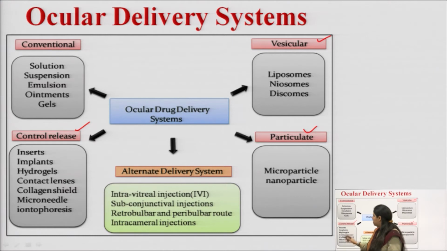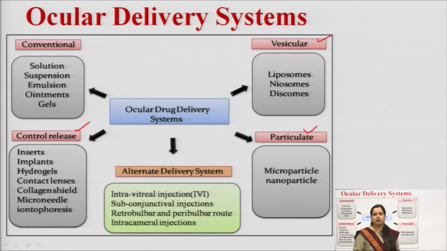Controlled release contains inserts, implants, hydrogels, contact lenses, collagen shields, microneedles and iontophoresis, right. These are the advancements in the ocular drug delivery system. Though not widely used, they come under this controlled drug delivery system, and some of the treatments are available in these forms.